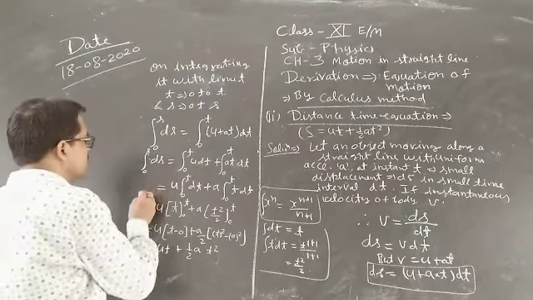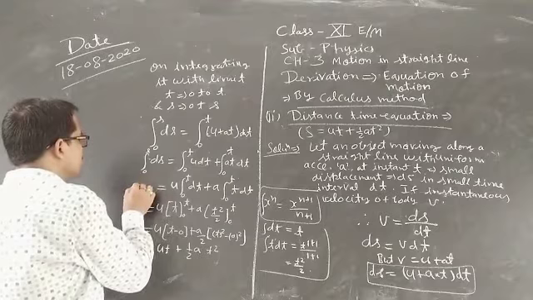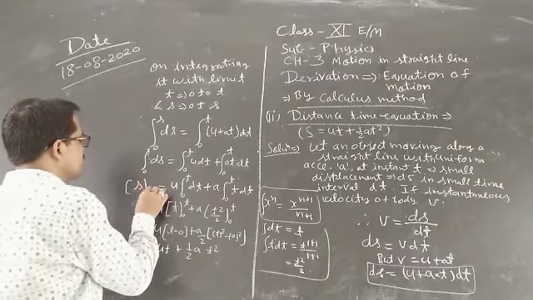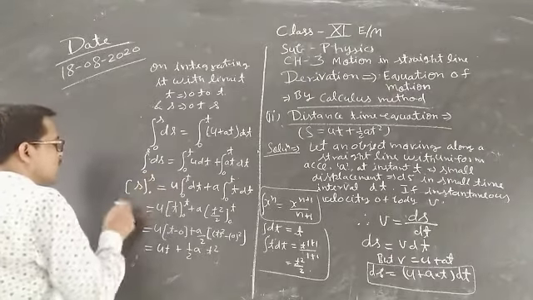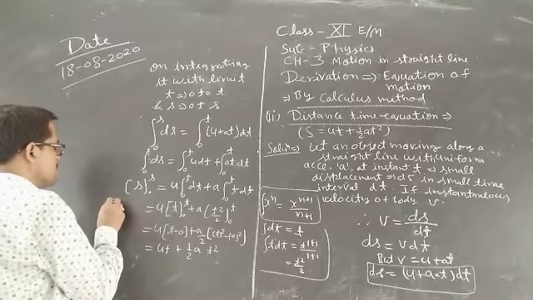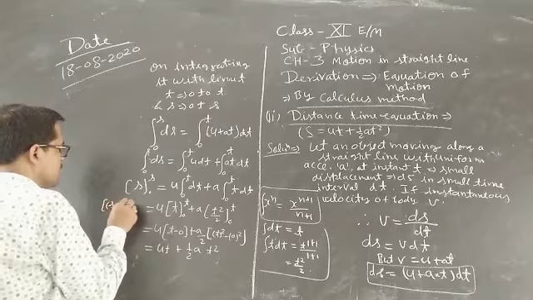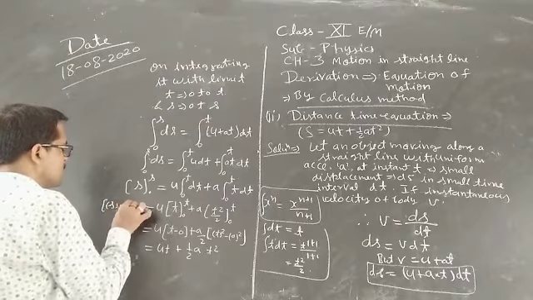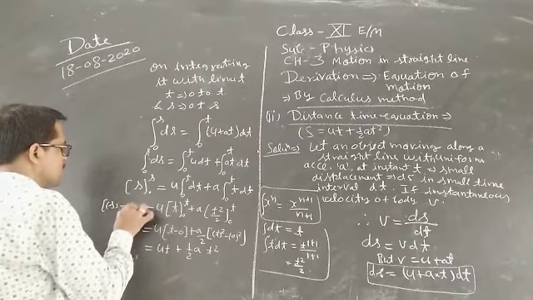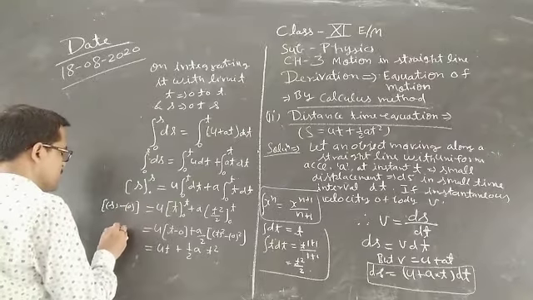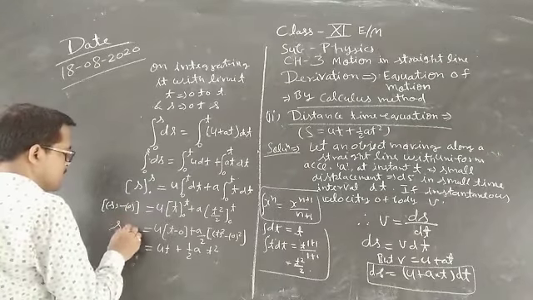Here ds, its value will be s from 0 to s, final value minus initial value. Then you will put s minus 0 and you will get s.